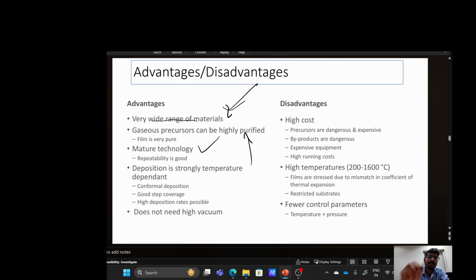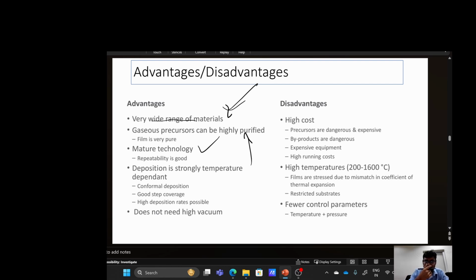And CVD has been used for many years, and this is a mature technology, and many people have optimized it for various materials. So repeatability is good. Additional variants are coming, like low pressure CVD, plasma enhanced CVD, atmospheric pressure CVD. These different kinds of reactor chambers are coming.